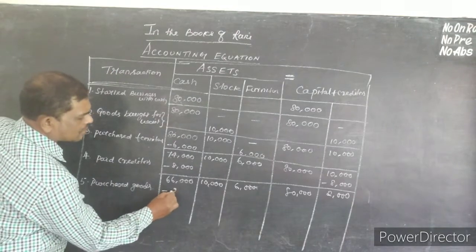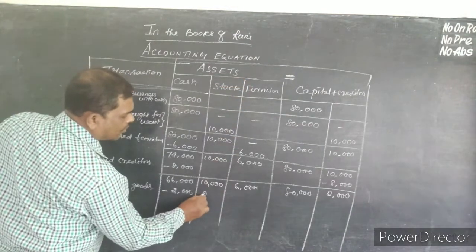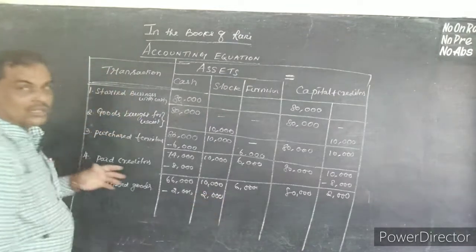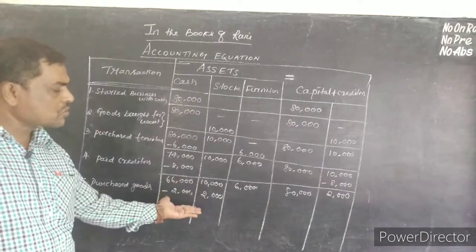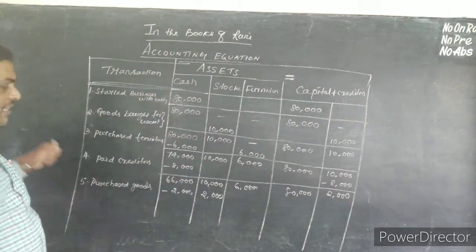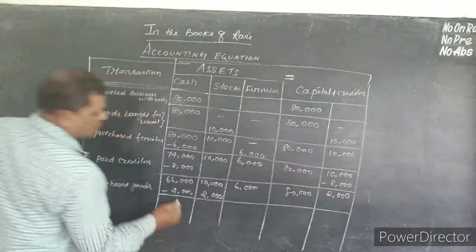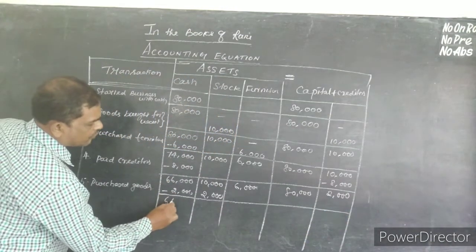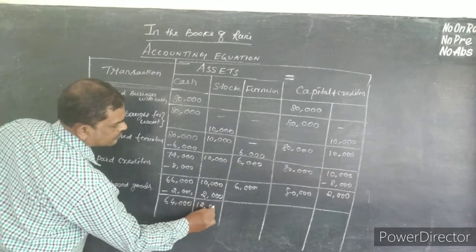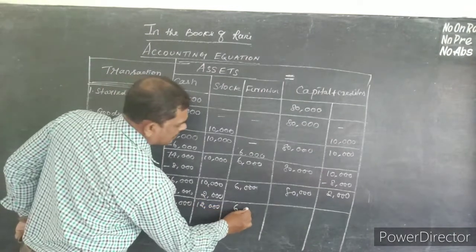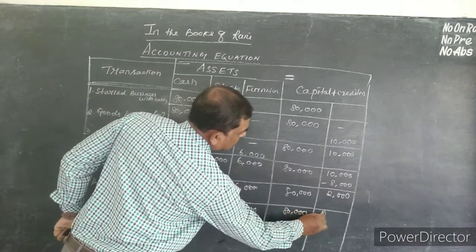So minus 2,000 in cash, and plus 2,000 in stock. Stock will be increased, cash will be decreased. 66 minus 2 is 64,000. 12,000. 6,000. Here 80,000. Here 2,000.